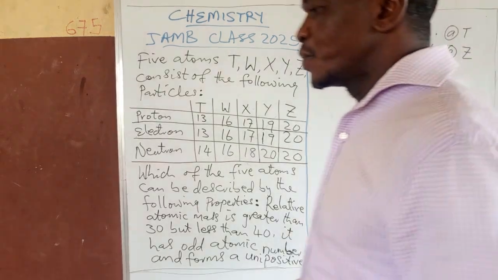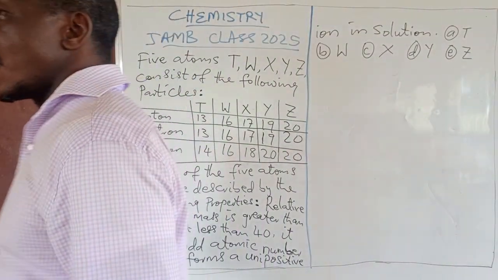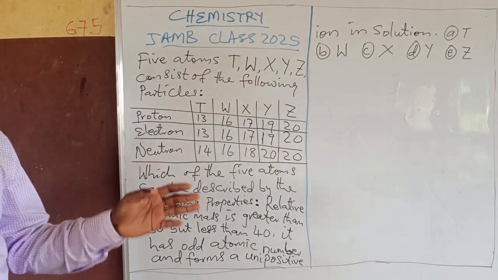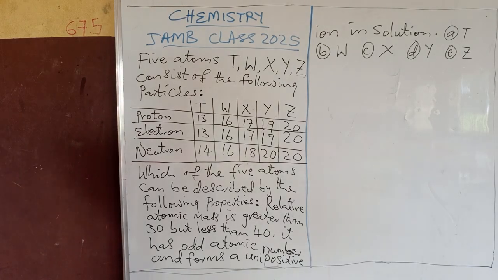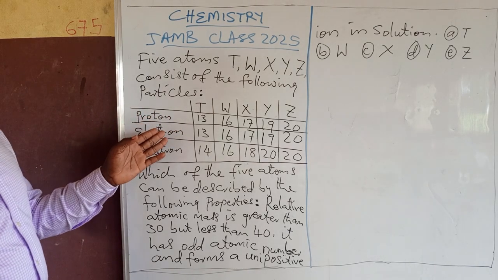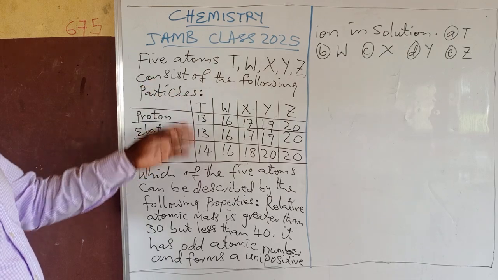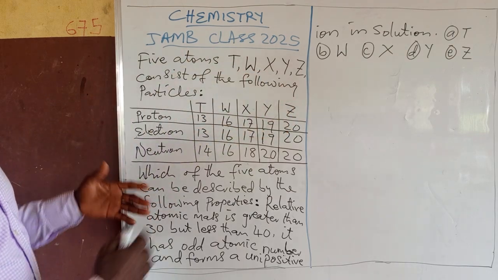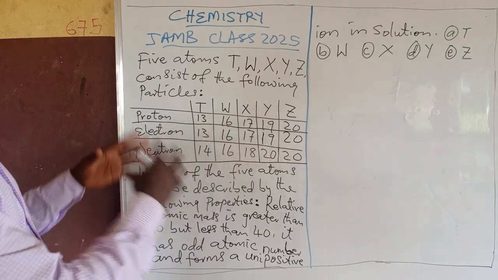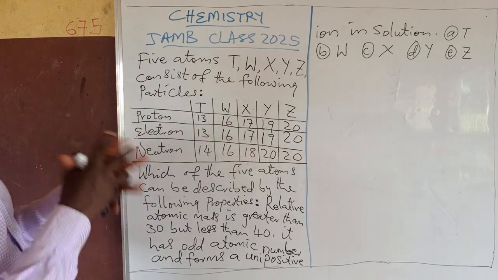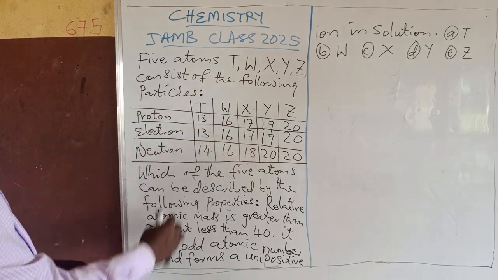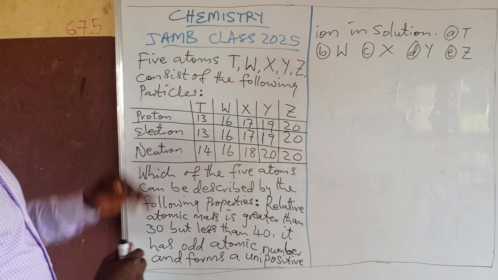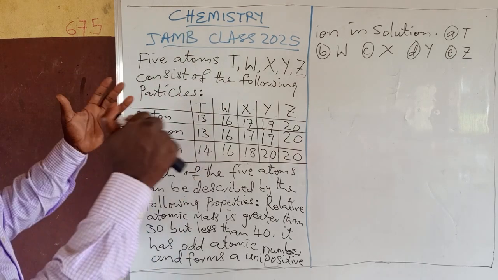Now, for you to be able to answer a question of this nature, there are things you need to know. They have given you the properties or the particles of these atoms. So we are going to consider this closely for us to be able to get the correct option for this question. Okay, let's start.